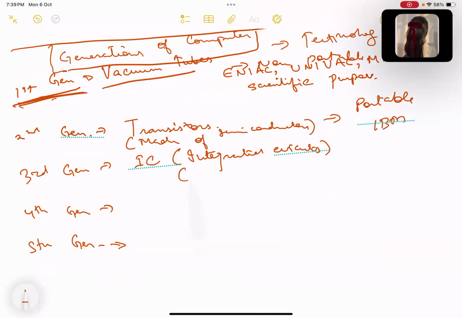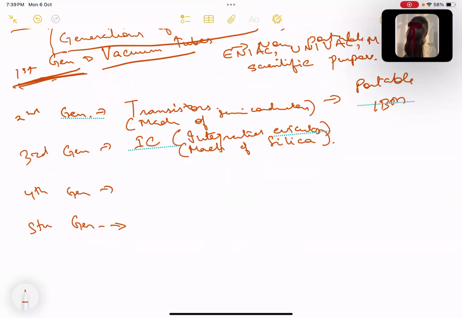These are made of silicon only. In the fourth generation, we have what is known as the microprocessor, okay? So some of the examples of these things are third generation and fourth generation. We have the Intel chips that we use, right?